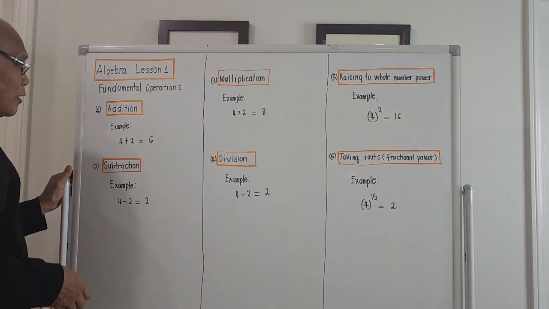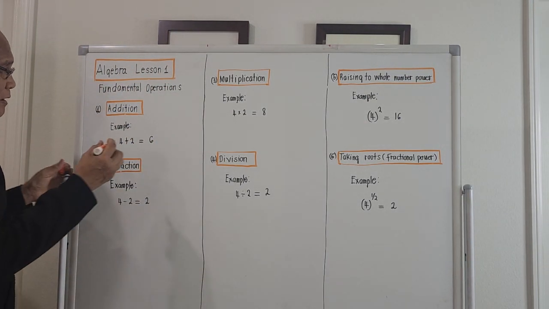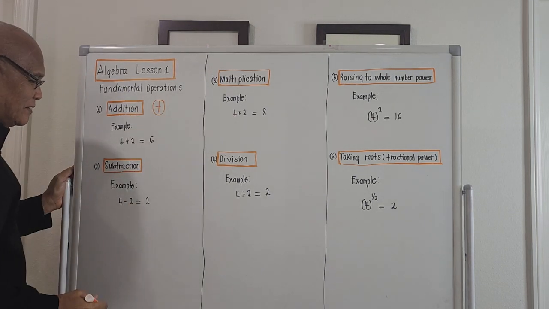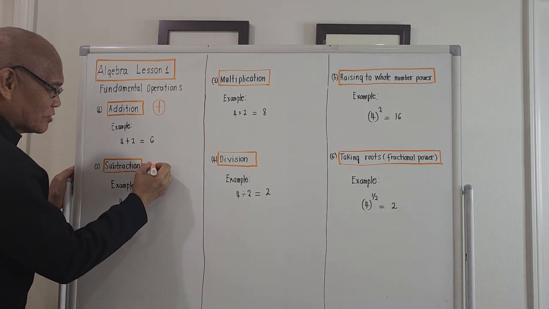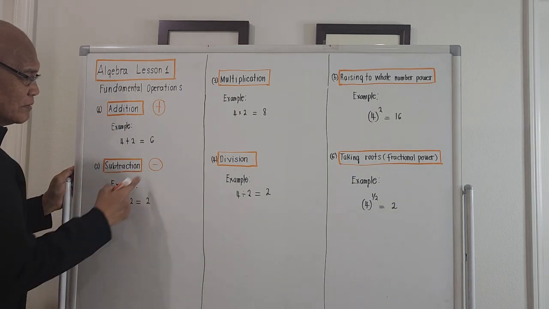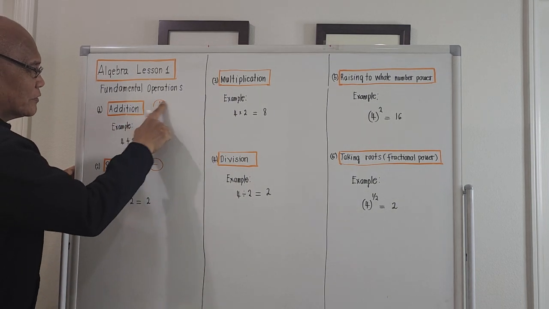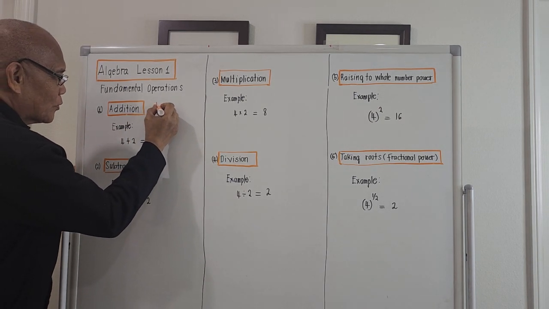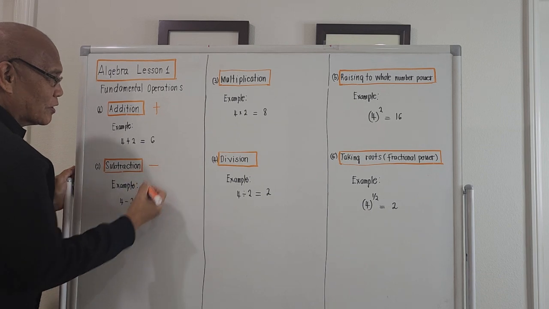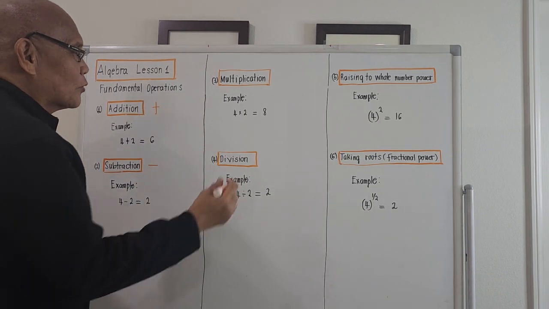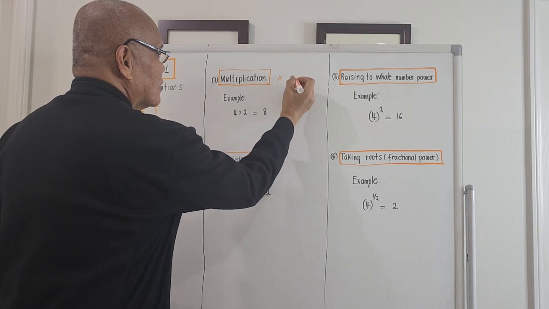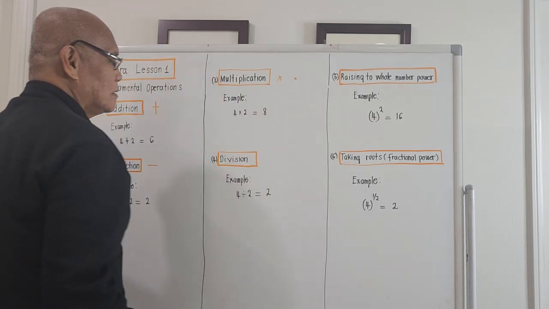For the fundamental operation addition, the symbol for addition is this, and for subtraction, this is the symbol. Better yet, I will remove the circle. This is the symbol for addition, this is for subtraction. And for multiplication, it could be an X or a dot maybe.